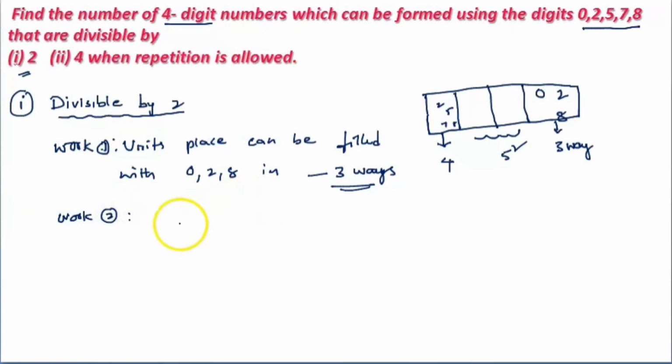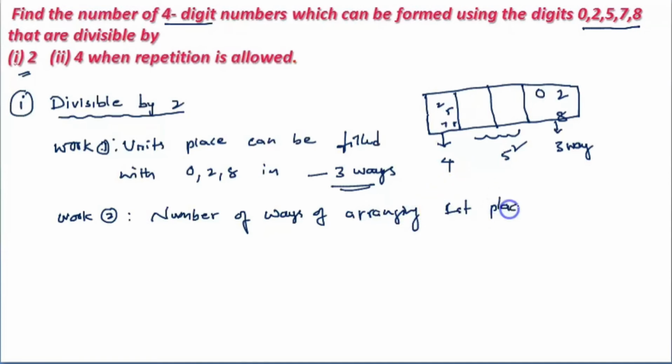Work 2 is the number of ways of arranging the first place without 0, which is equal to 4 ways. What is work 3?